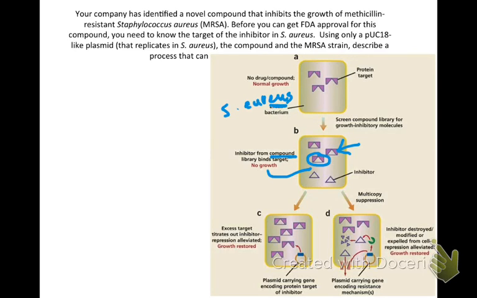We're going to start with that Staph aureus strain, this MRSA strain, and we're going to isolate chromosomal DNA. We're going to digest the DNA with restriction enzymes so we get lots of DNA fragments, because we're looking for the gene that encodes that protein target. We're now going to clone that into a plasmid.